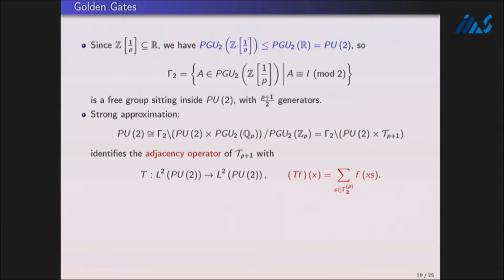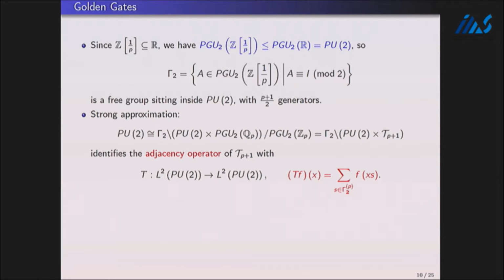In particular, the adjacency operator on the tree, which corresponds to the generators of gamma 2, transfers here to the operator on functions on the unitary group, which sums the translations by these generators. So they have this averaging operator on L2 functions on the unitary group.